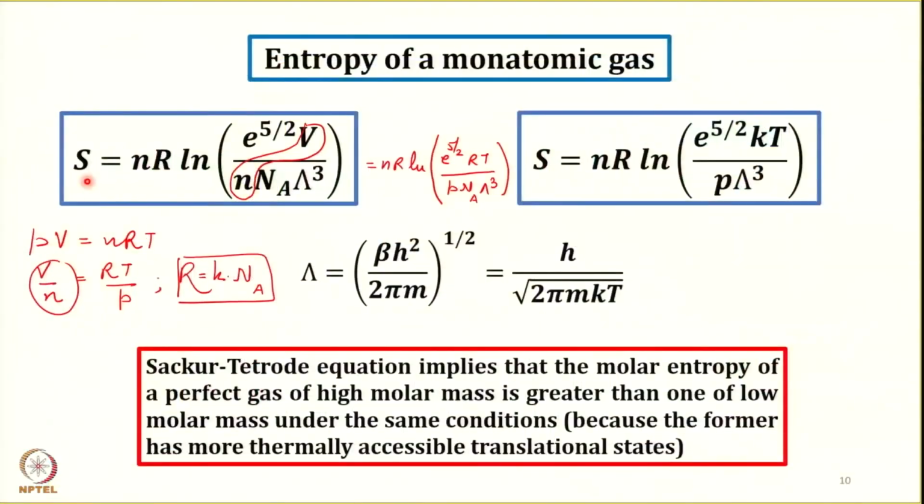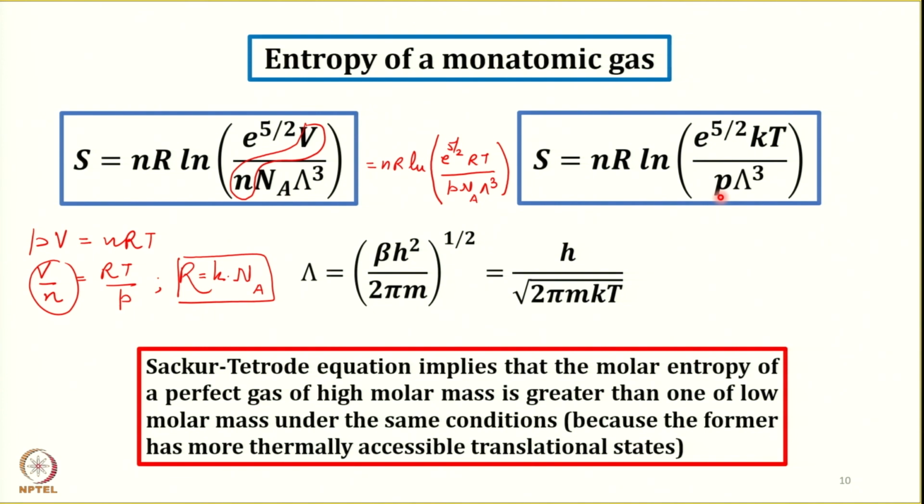What we have done is simply used Q is equal to V upon lambda cube and come up with these equations, which are basically different forms of the Sackur-Tetrode equation. One connects entropy with volume, the other connects entropy with pressure.